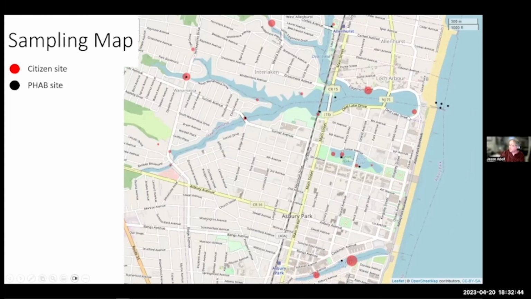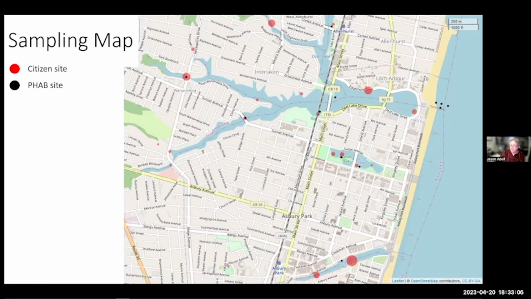This is a zoomed in view of where we sample, again in the black dots, at Deal Lake. So we sample at various spots within the lake: Sunset Avenue Bridge, Wickapeco Bridge, Allenhurst train station, and down in the Eastern Basin. We had to stop sampling here because a sampler from the USGS was assaulted recently.